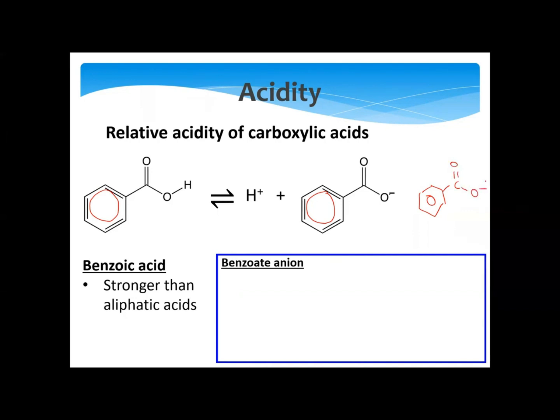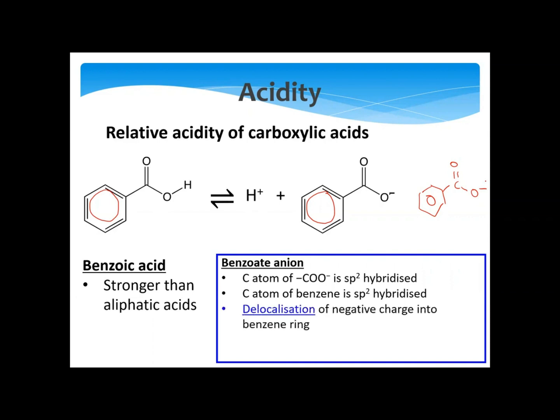You can see that the carbon atom of CO minus is sp2 hybridized, and the carbon atoms of the benzene ring are also all sp2 hybridized. Therefore, the negative charge can delocalize into the benzene ring due to the overlapping of the p orbitals. This is also known as delocalization.